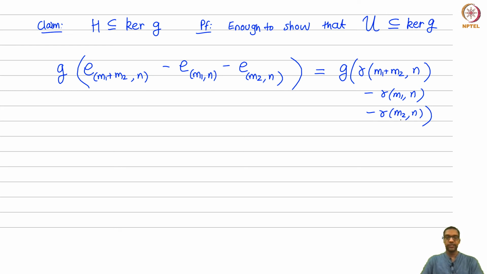What does gamma do? It just maps an ordered pair to E of that ordered pair. Now G is however a group homomorphism, so I know that G is Z linear. So this splits into 3 pieces. So this is G of gamma of.